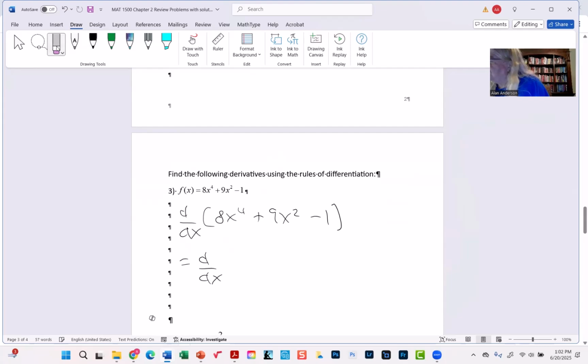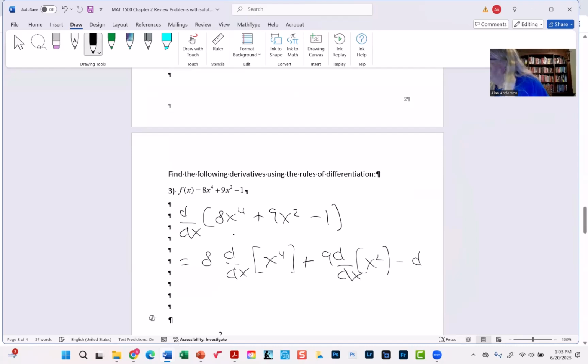So in the first case, actually, what I'm going to do is factor out that 8. So this last one is a constant. So it's just going to go to 0.